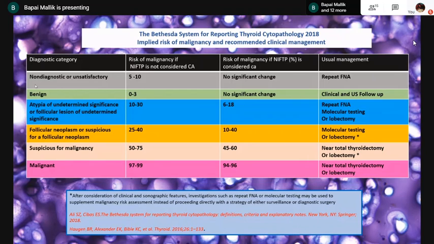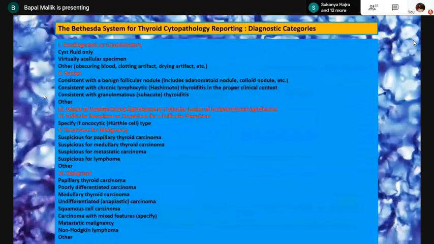I personally like to use the term atypia of undetermined significance because I think it's a more inclusive term. Similarly, for follicular neoplasm or suspicious for follicular neoplasm, it is recommended that you choose either follicular neoplasm for all such reports or suspicious for follicular neoplasm for all such reports. Choose one and don't use them alternately in different reports. So that is one of the suggestions by Bethesda.